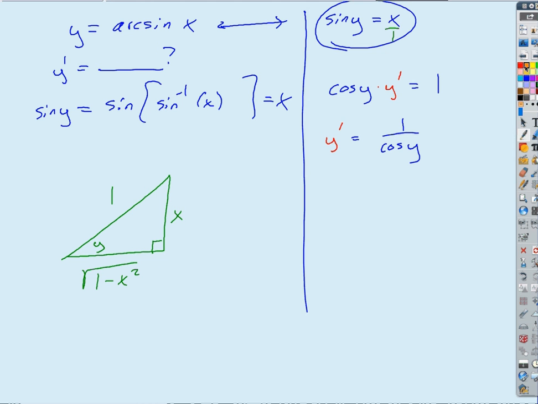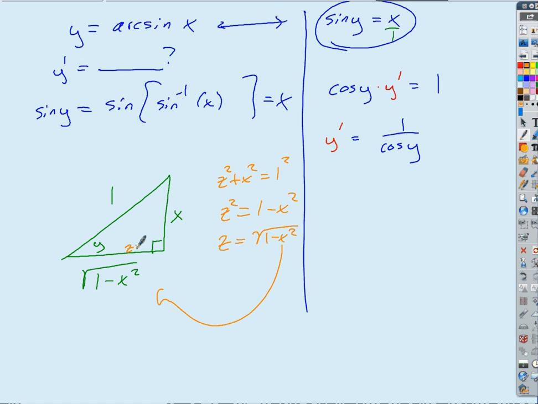We could get there real quickly: if I call this distance z, for example, then z squared plus x squared equals 1 squared. So z squared equals 1 minus x squared, so z equals the square root of 1 minus x squared, if we want to solve that for ourselves. So that's z, and there's our reference triangle.